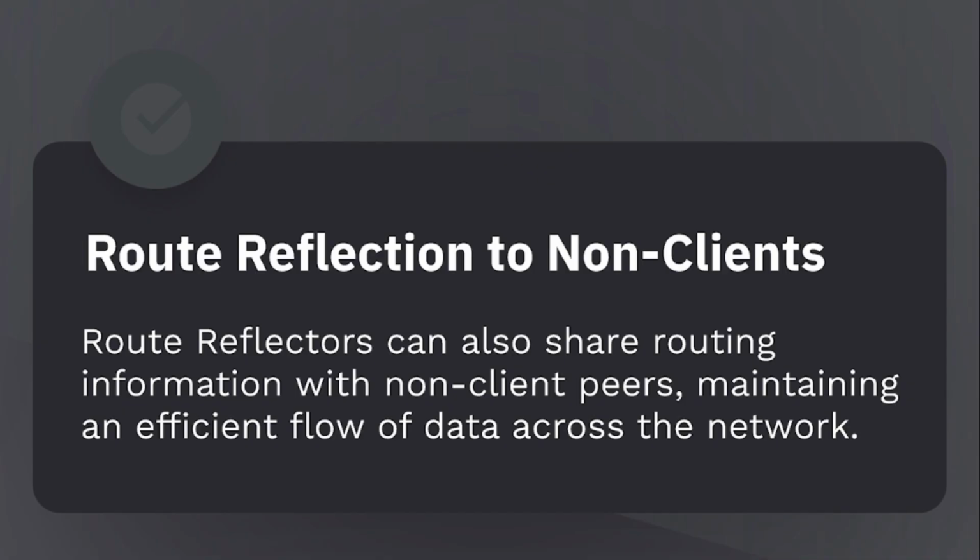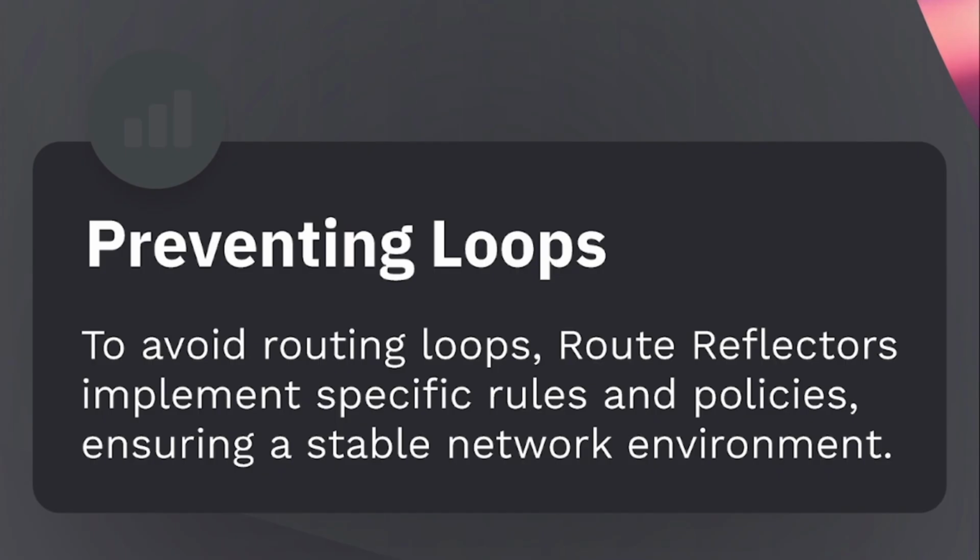And also route reflection to non-clients. Route reflectors can also share routing information with non-clients. One is the route reflector client, the other is a non-route reflector client, maintaining an efficient flow of data across the network. And also preventing loops. To avoid routing loops, route reflectors implement specific rules and policies and ensure a stable network environment.